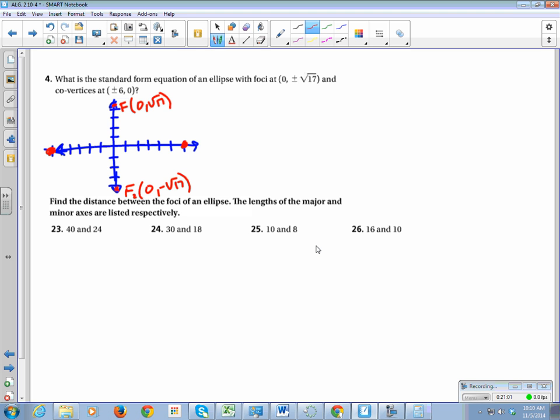All right, so I have a nice little picture of my ellipse. My major vertices are going to be here and here, and my minor ones are here and here.